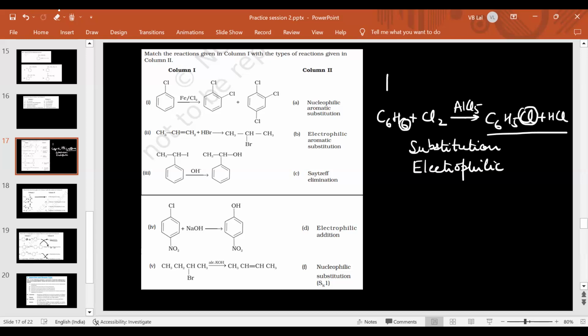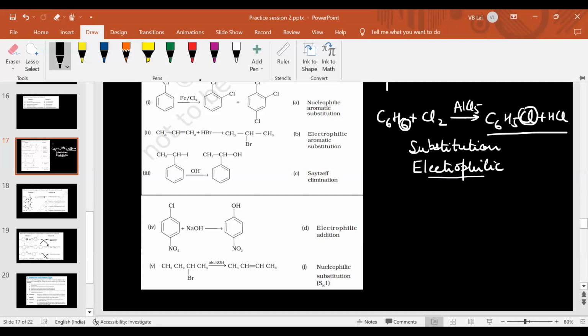Why does an electrophile always attack the benzene ring? Because the benzene ring is rich in electrons and electrophiles are electron deficient. So whenever a substituent is coming on the benzene ring, the reaction is always an electrophilic substitution reaction. Sai Kalyan, you were saying something?